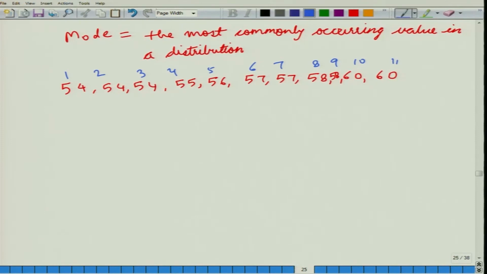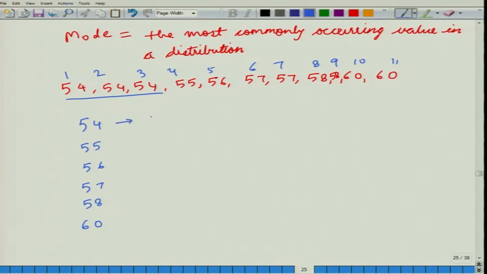Now, which of these values occurs most frequently, most commonly? So, if we wrote down these values 54, 55, 56, 57, 58 and 60. How many times do we have 54?